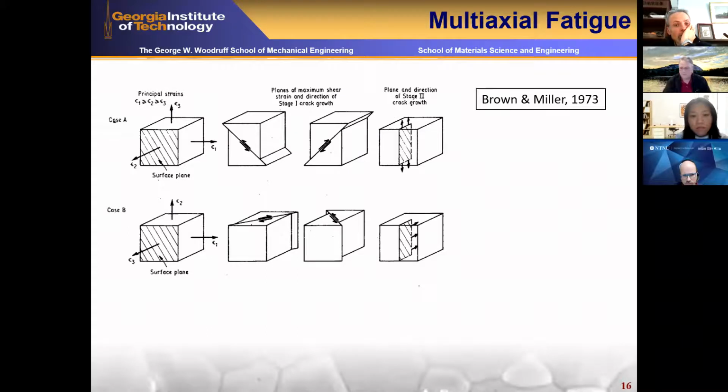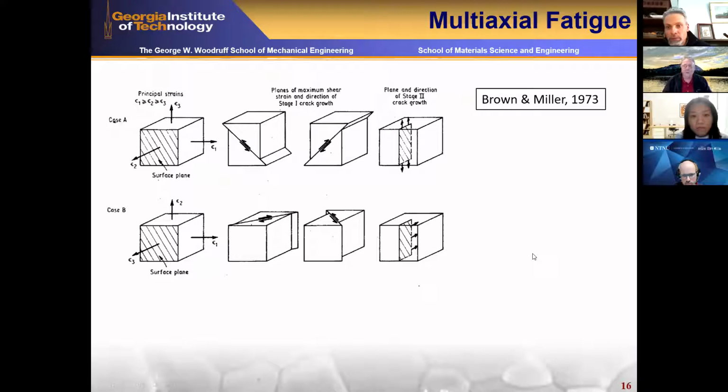Maybe it's a criterion or some kind of critical plane type of approach we're using. But we can actually compute over wide ranges of strain and stress state, and we can map out the iso fatigue indicator parameters. And we choose the Brown and Miller plane.